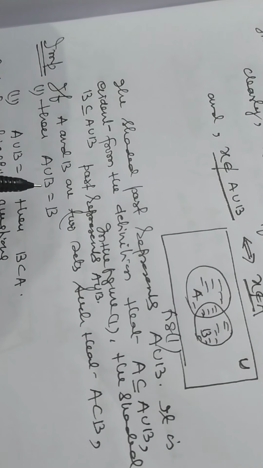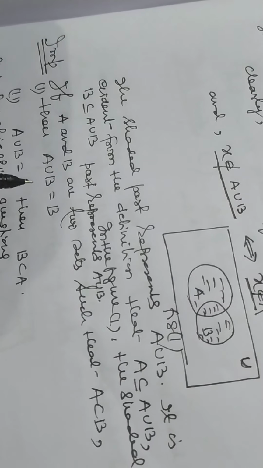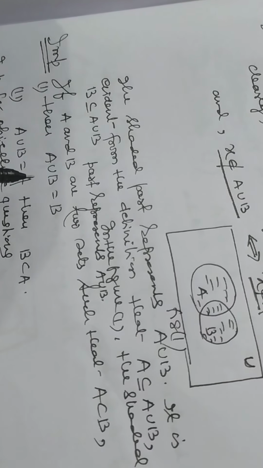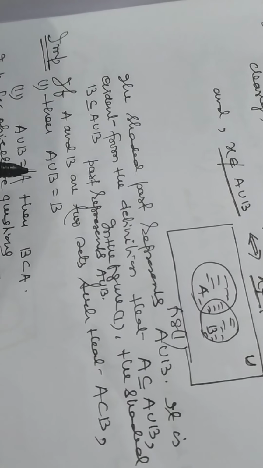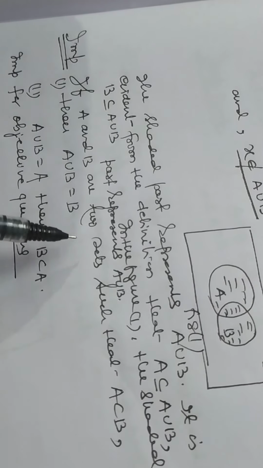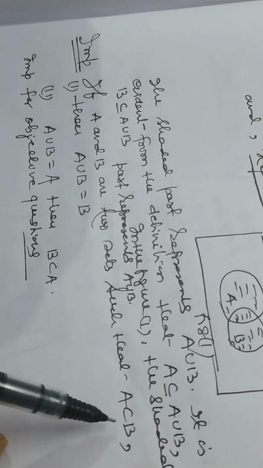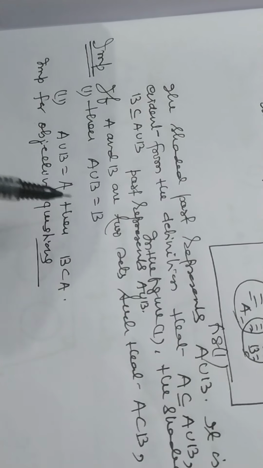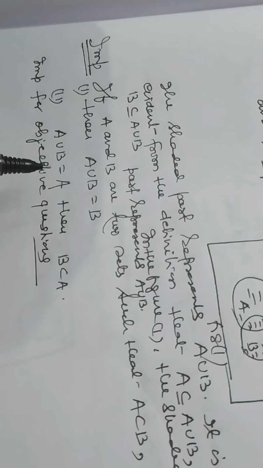Now there are two very important properties which may be asked in the form of multiple choice questions. So my dear students, you must remember this case. If A and B are two sets such that A is a proper subset of B, then A union B is equal to B. Try to understand.